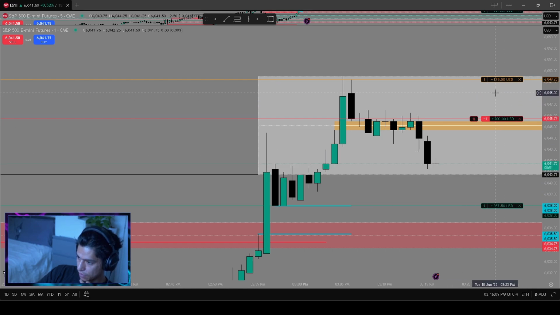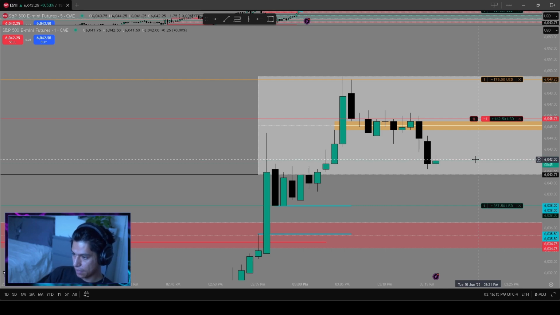If we did want to see price going lower, I expect there to be just red or black candles in my case. So the body of that candle stayed right on top.